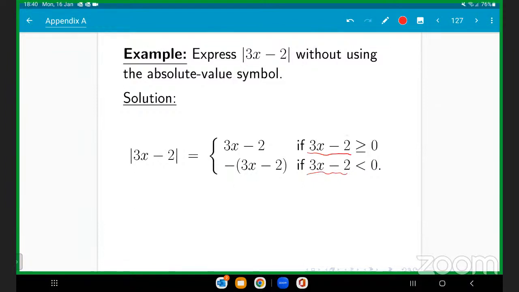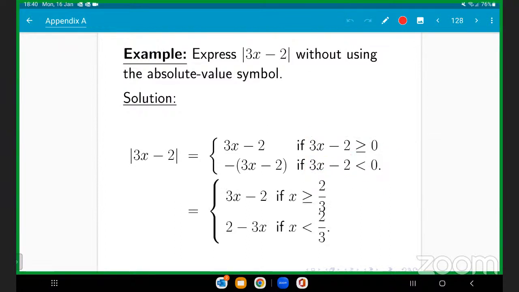Now notice that we can solve this set of inequalities in terms of x only. And so we can write this out a bit better, in that the absolute value of 3x minus 2 is equal to this if x is greater or equal to 2/3. Otherwise, it is 2 minus 3x if x is less than 2/3. Are there any questions with this definition of the absolute value?